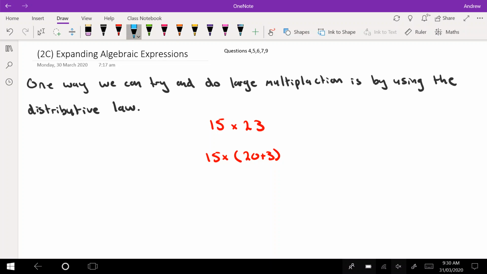But there's actually a word for it, and it's the distributive law. So I can say it's 15 times 20 plus 15 times 3. That goes to 15 times 20, plus 15 times 3, and that is going to go to 345.